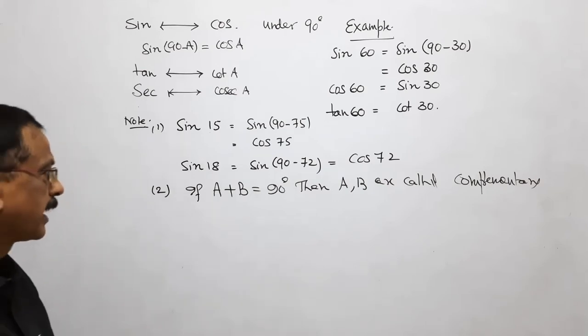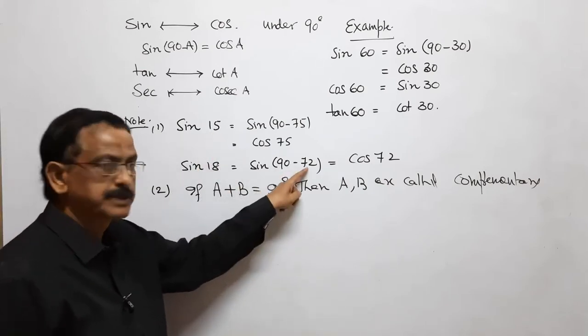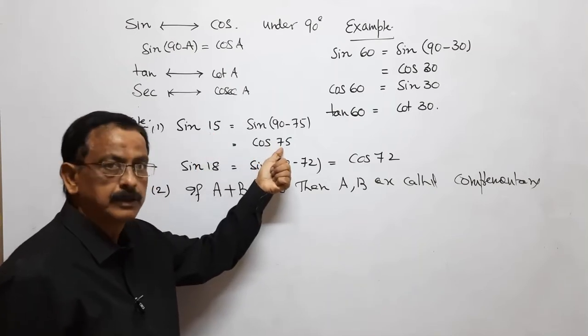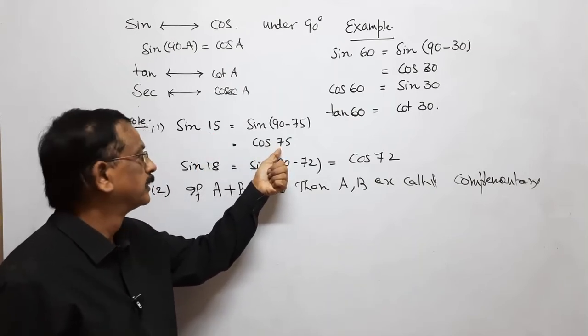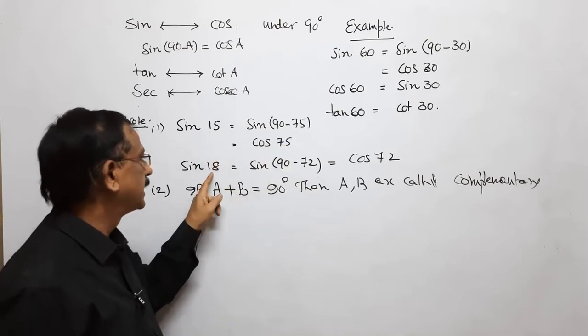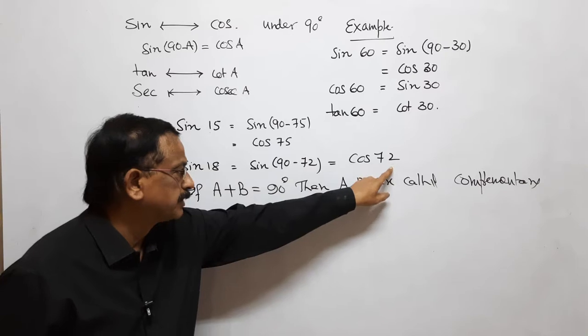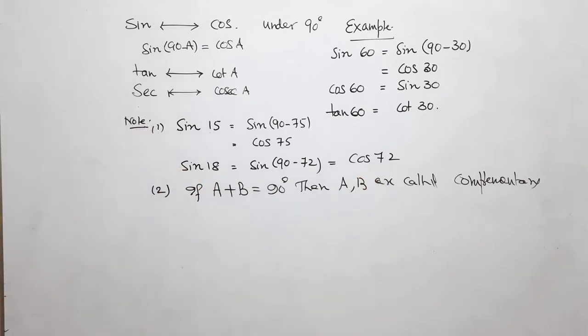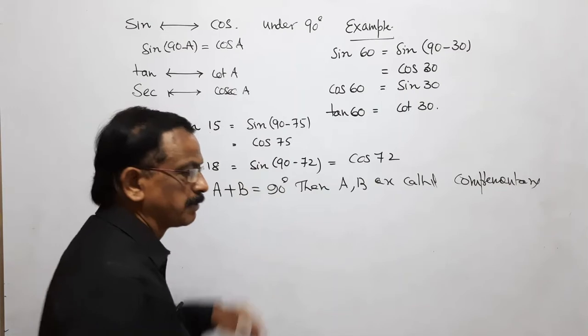So 15 is complement to 75, and 75 is complement to 15. 18 is complement to 72, and 72 is complement to 18. So this is a simple observation, the complementary angles, which can always be evaluated.